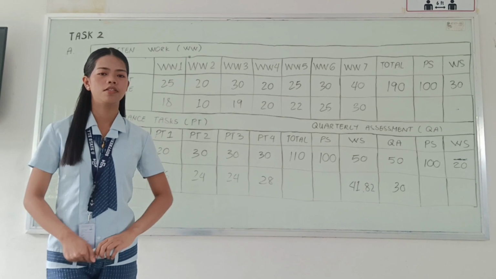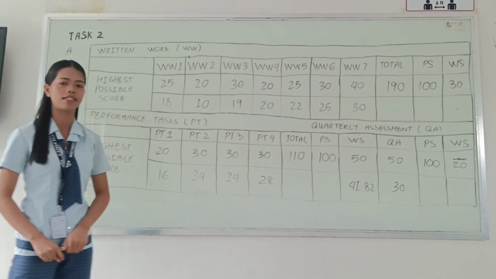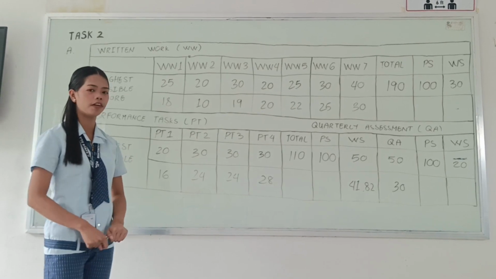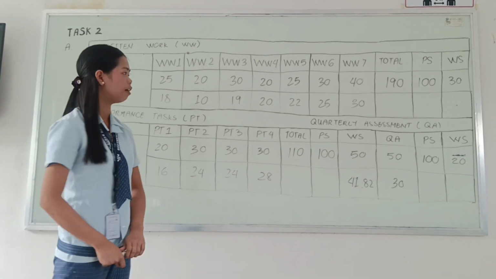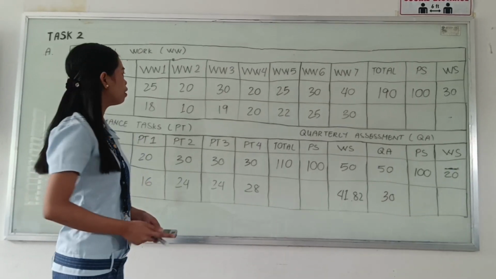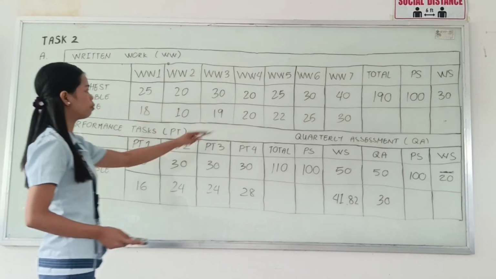For task 2, these are the percentage scores of Ismalis in Araling Panlipunan for the first grading period. So I'm going to calculate all the missing values. For the written work, we're going to calculate written work 1 to written work 7.